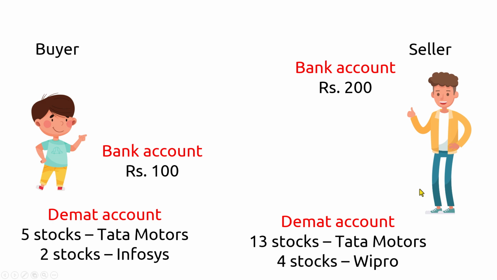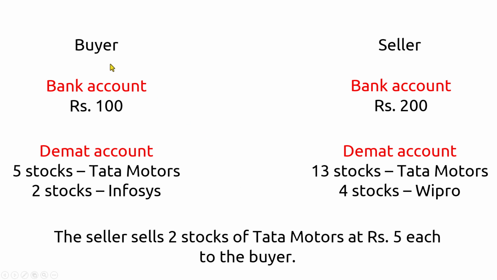Now, let us say that the seller sells 2 stocks or shares of Tata Motors at 5 rupees each to the buyer. So we have a buyer and we have a seller.